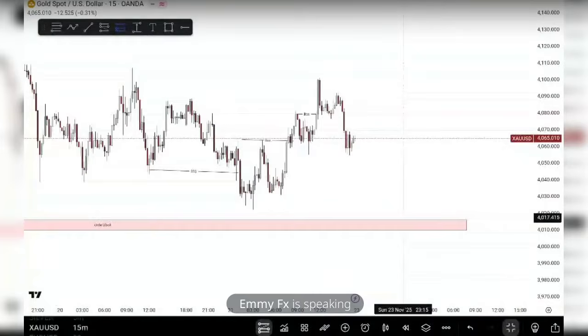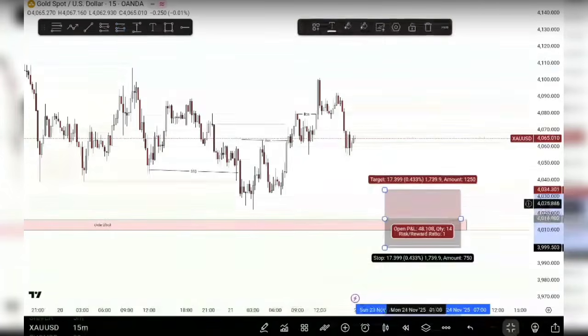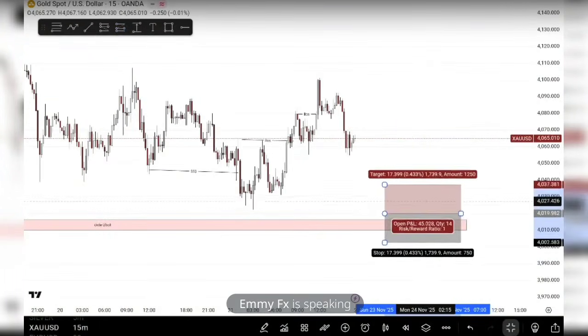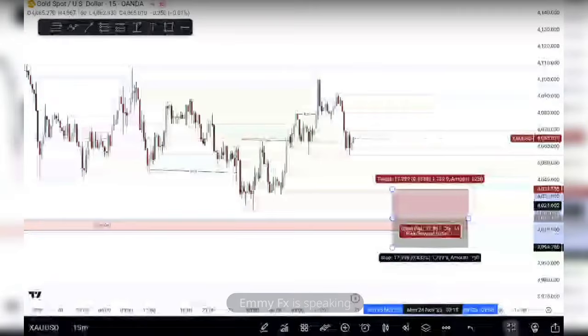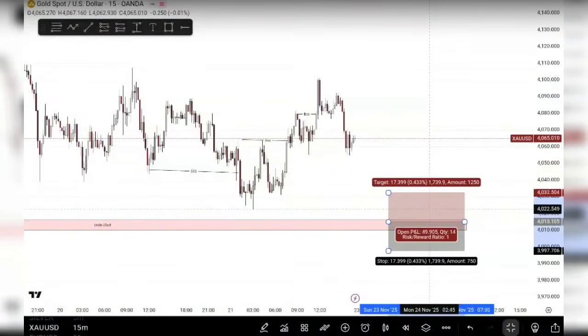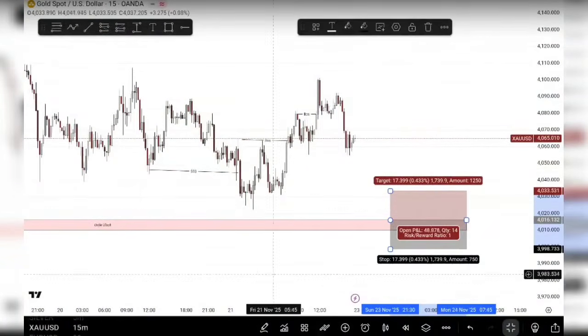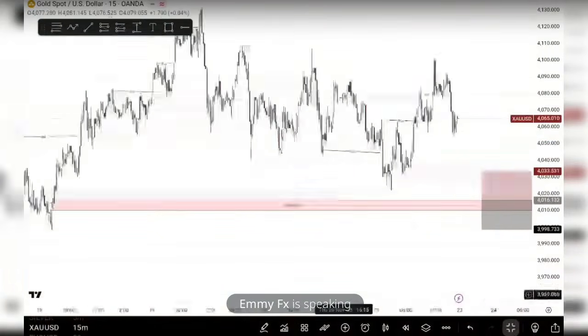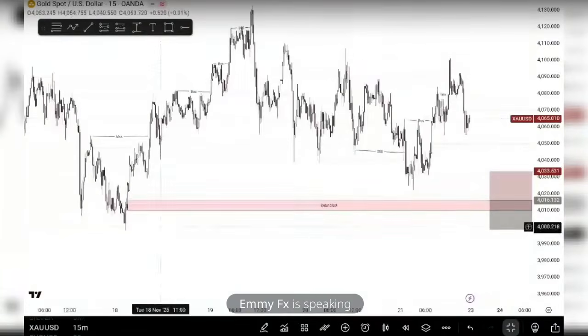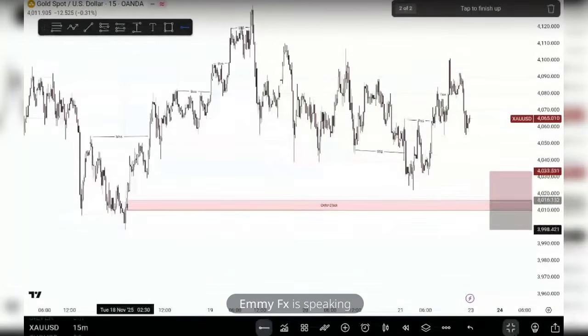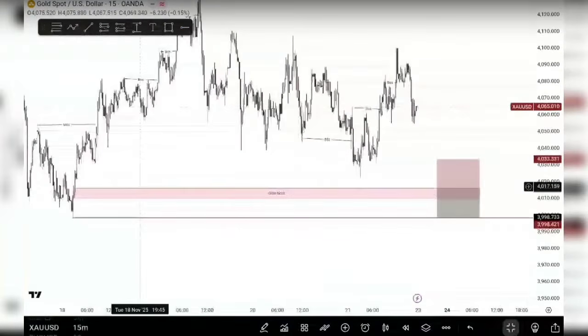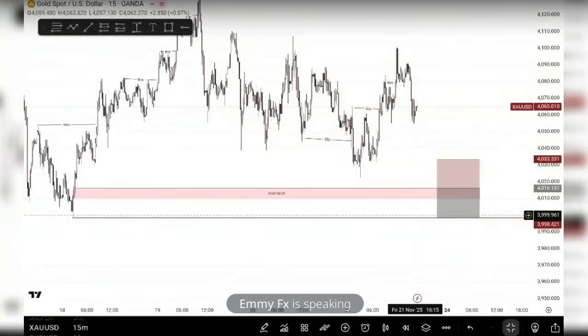So my buy is going to be at this zone. I'm going to place my order at this. All right. My stop loss is going to be a little bit from here.